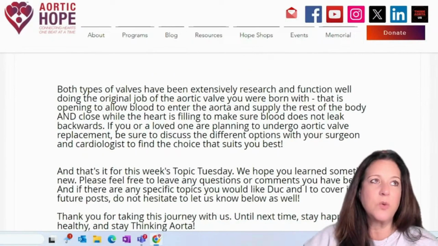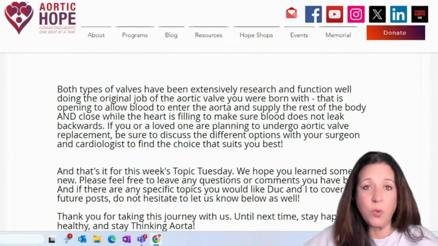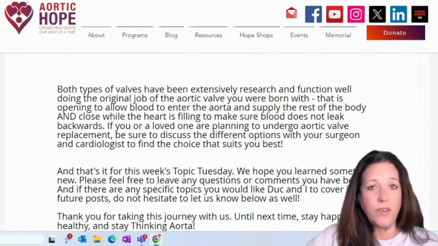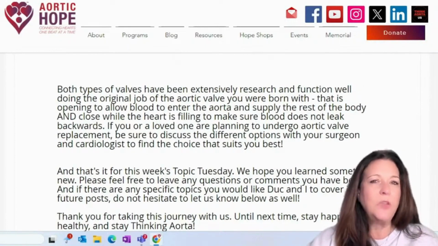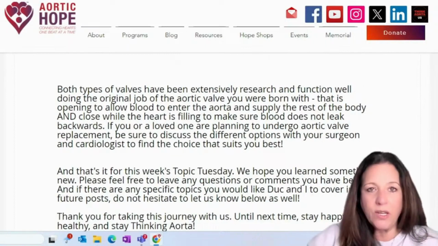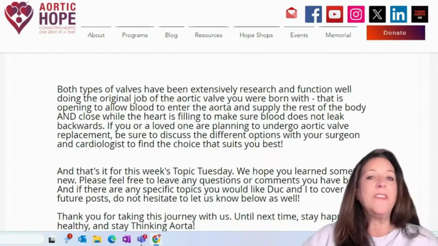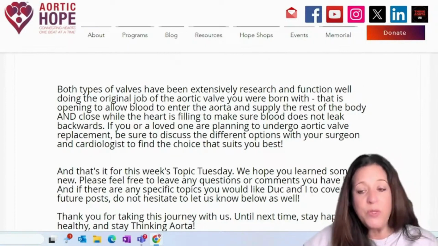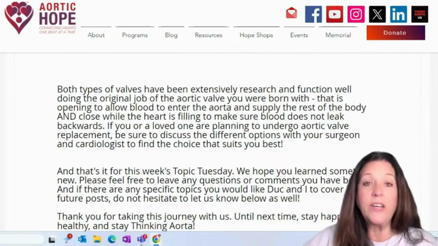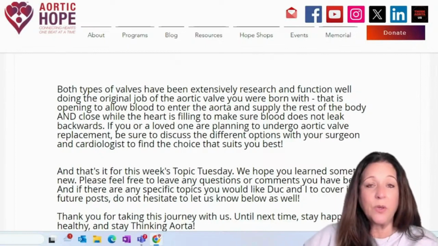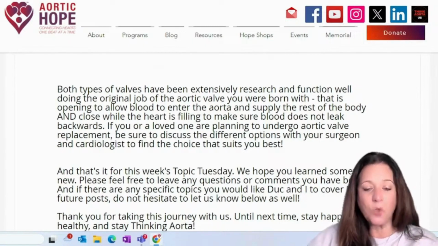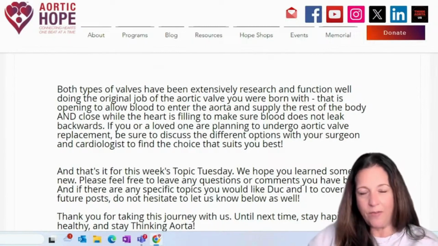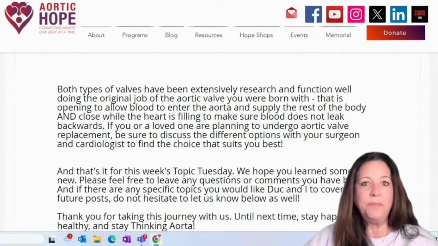This is one of those situations where, unlike an emergency dissection where we don't have a choice on the manufacturer of our grafts or which ones they use, this takes time, and you really want to talk to other organizations about this. Rock the Heart is one that really focuses their attention on aortic valve replacement. So that's another place you can turn to, outside of Aortic Hope, to ask these questions and find out what everybody's personal experiences have been.